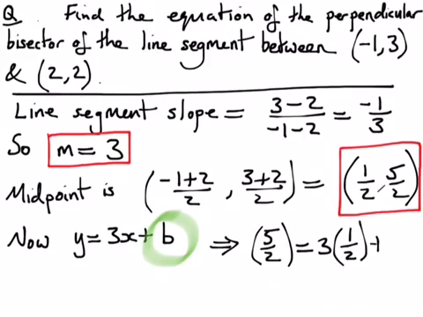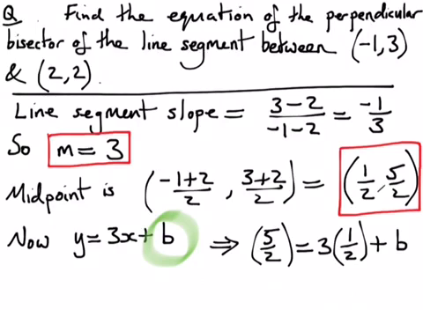Plug in these values. We know that every point on the line is an xy pair, where when the x value is plugged into the equation, the y value matches. So in this case, when x is a half, we'd better have that y equals 5/2. Let's plug that in.